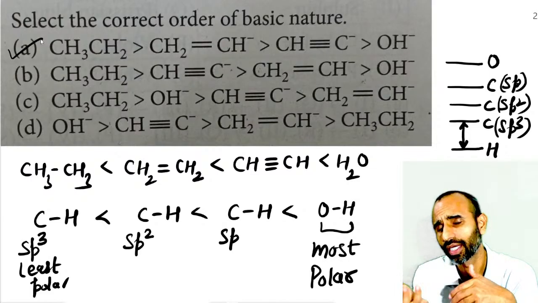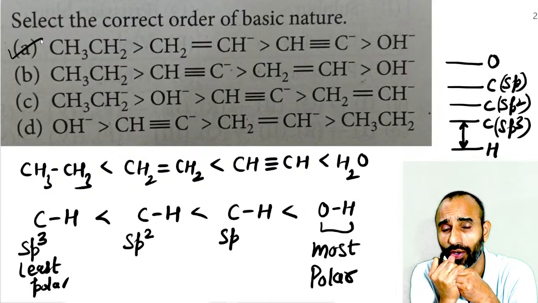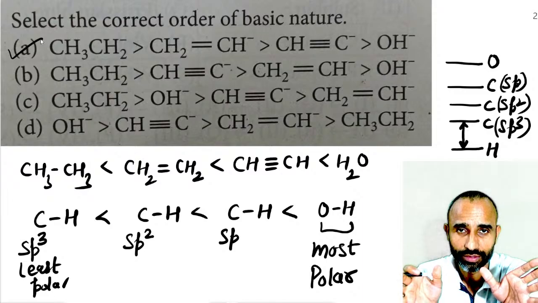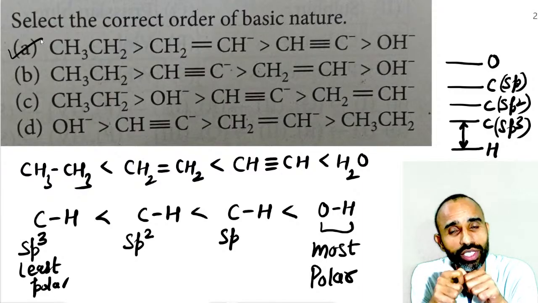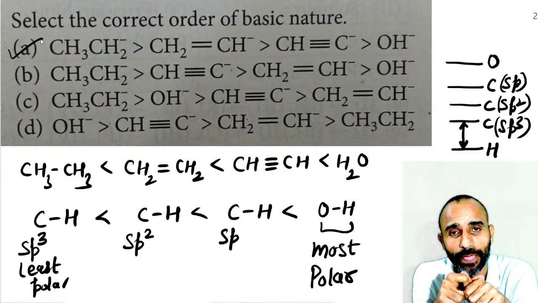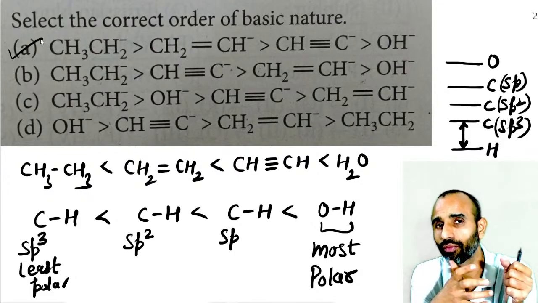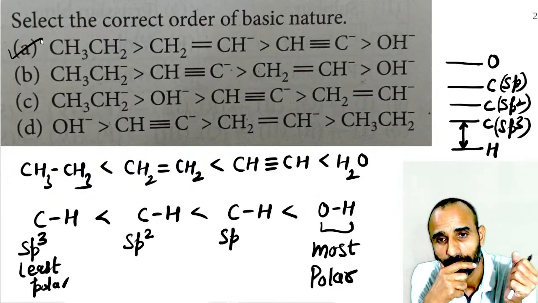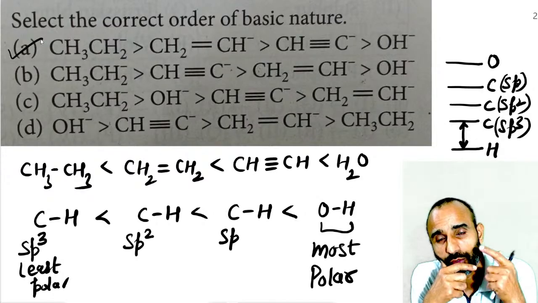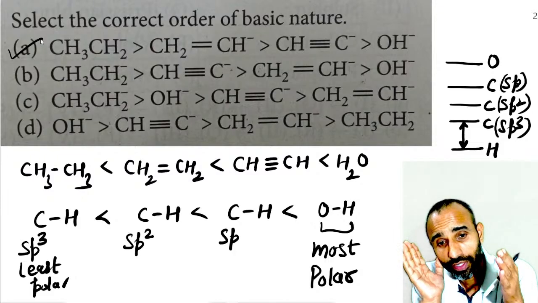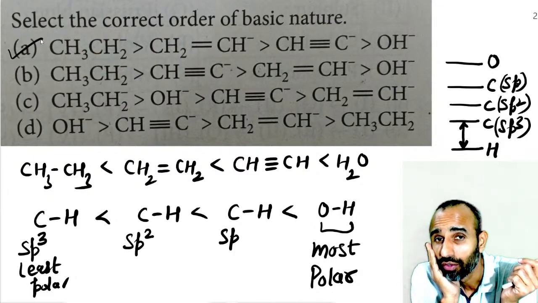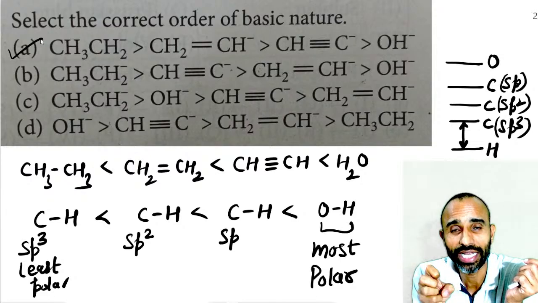On the other line, if we consider only Lewis character, oxygen is most electronegative. So oxygen will not give electrons easily. That's why OH negative is the weakest base. But if we compare these carbons, which one holds the electrons tightly?